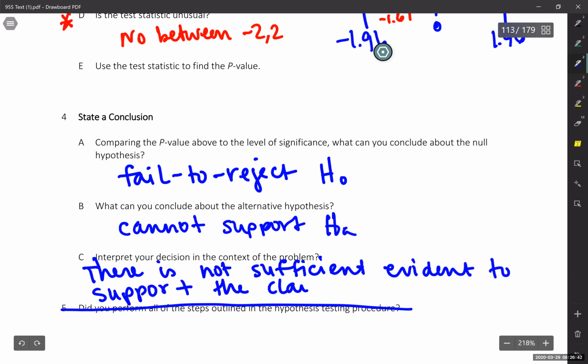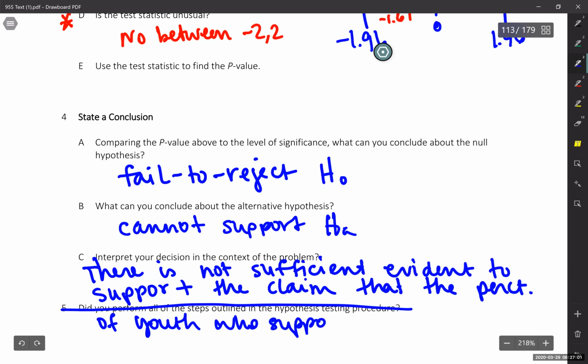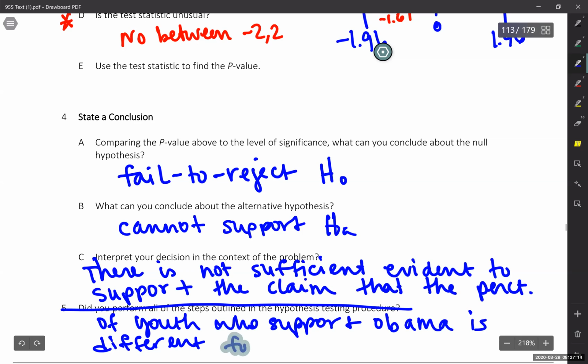Remember, the claim is the alternative hypothesis that the percentage of youth who support Obama is different from, or different than, 68%.